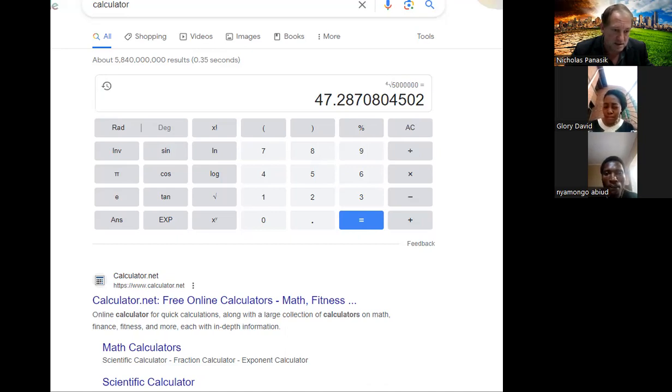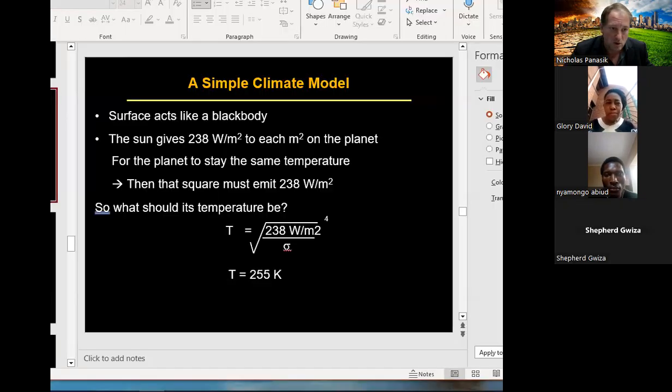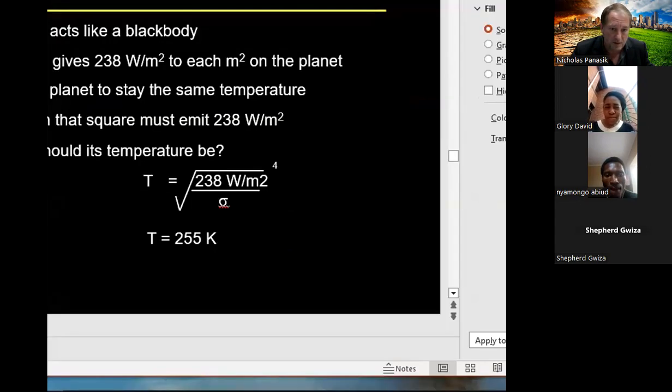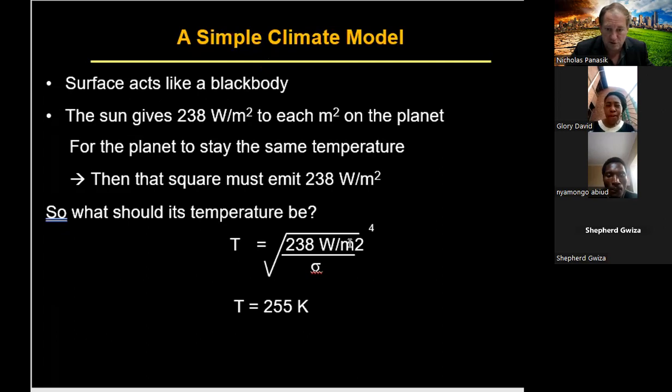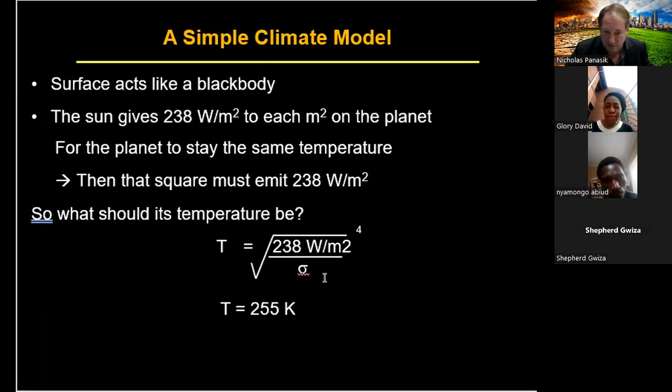Before you do that, let's see. When you're using this formula and you're doing the fourth root, like you were giving me a number that was like 300, right?